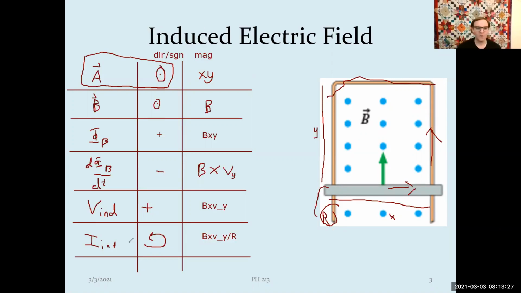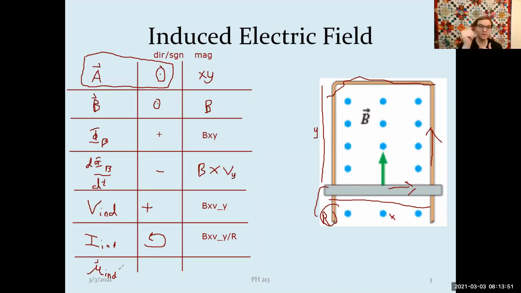Let's see. There's one more thing I can put in my table, which is the induced magnetic dipole moment of the loop. We know a current carrying wire or a current carrying loop is going to have a magnetic dipole moment. That's going to point again, kind of right-hand rule-wise, in the same direction as the area vector if I have a positive current, and opposite the direction of the area vector if I have a negative current.